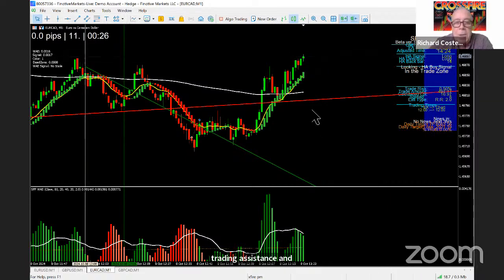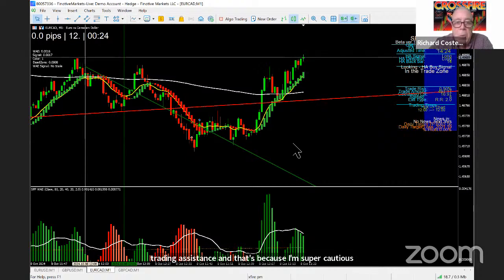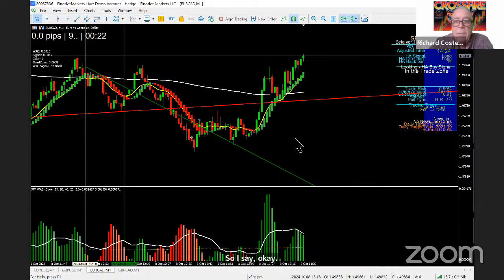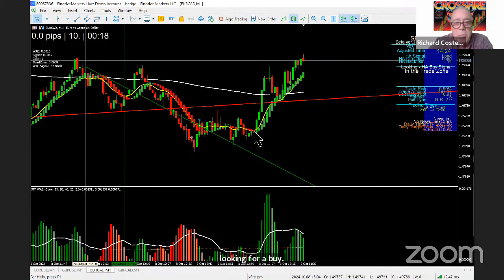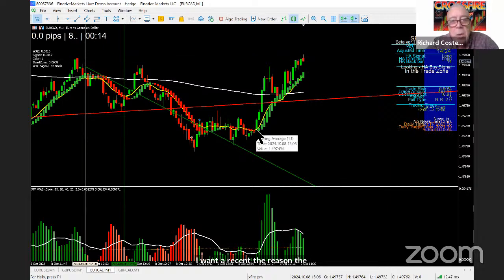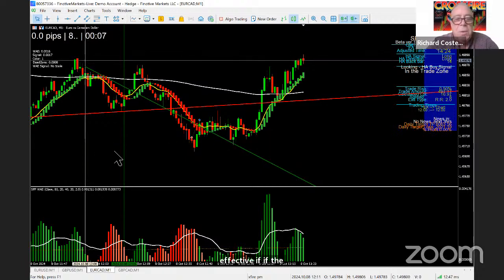So I say, okay, I want to be above the green trend line, therefore I'm looking for a buy. I want a recent wave change, because it's more effective. If the wave change was way back here, it's not as likely to continue in that upward direction.